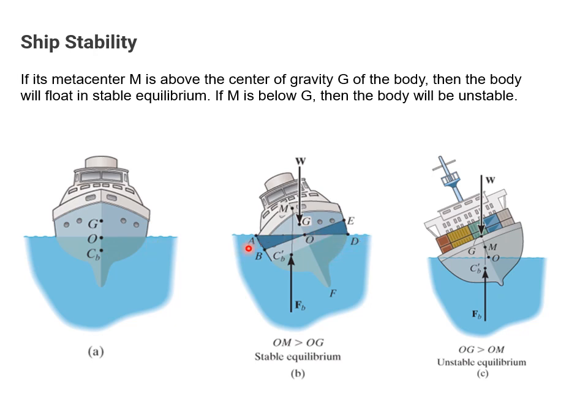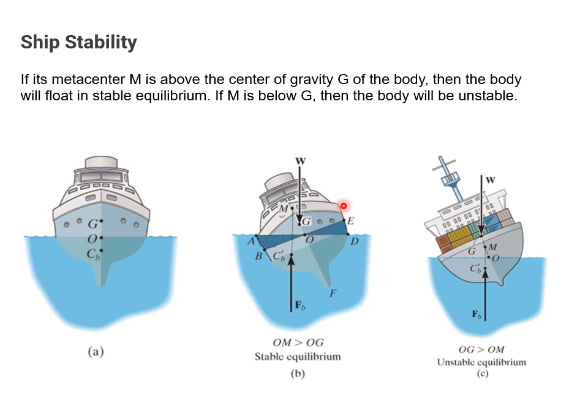But in the normal condition where M is above the center of gravity, if you're hit by a wave, it just rocks back over itself. So here, where M is here and G is there, you end up getting this restoring force, where gravity is trying to turn the boat clockwise, and the buoyant force is trying to turn the boat clockwise, so it'll stabilize itself.